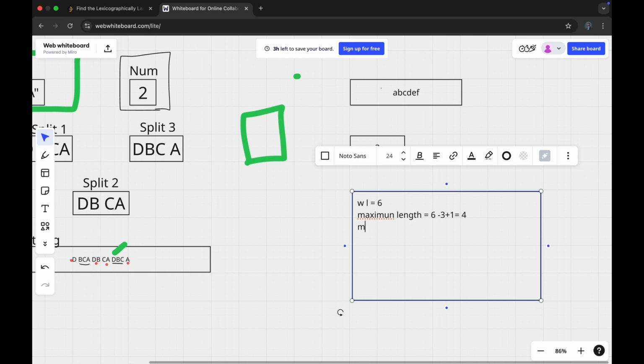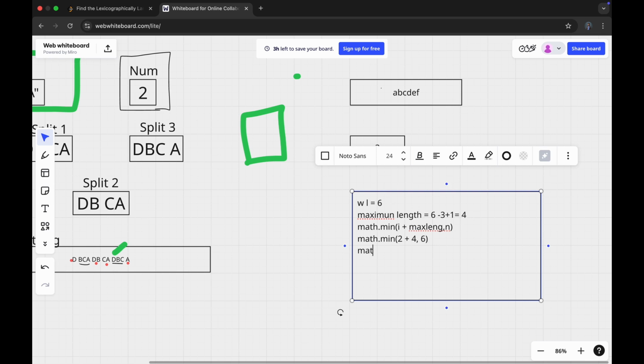The final length of the string is 4. So when we use Math.min(i plus max length, n), what is i? i is 2, plus the maximum length 4, comma, n is the word length, which is 6.